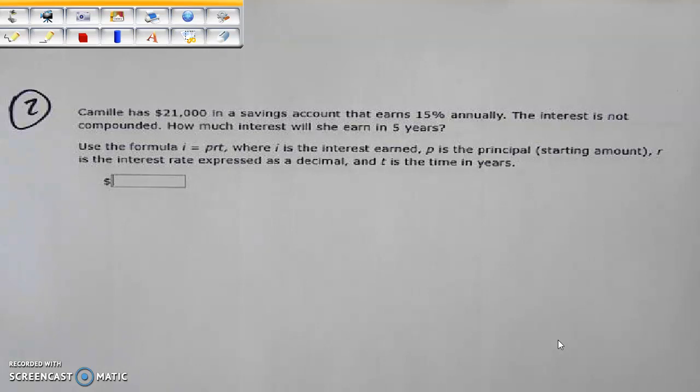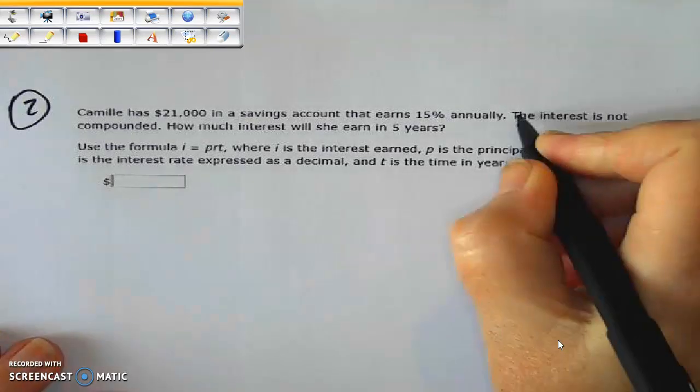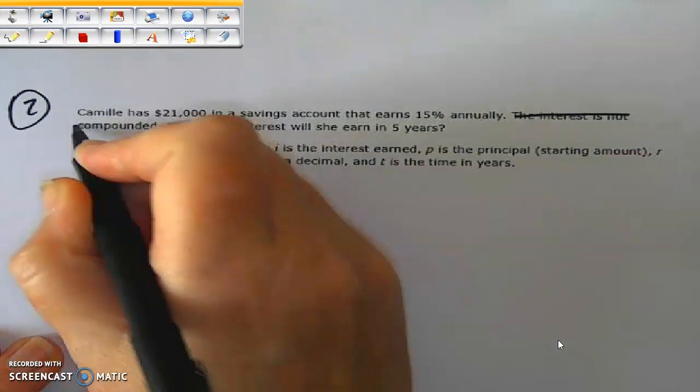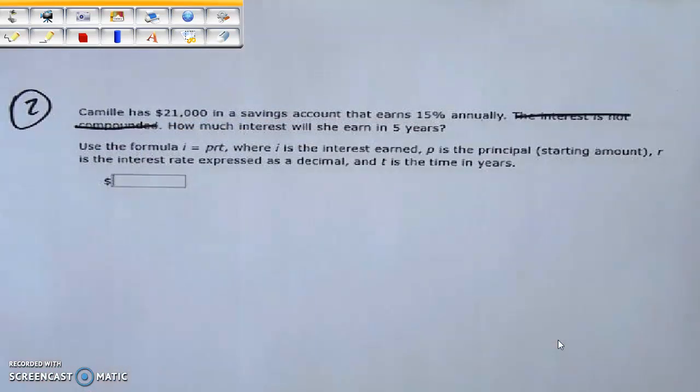The interest is not compounded. How much interest will she earn in 5 years? So what you do is you work out 15% of 21,000. She's going to get that 5 years in a row, so that ends up being multiplied by 5. Again, the interest is not compounded means that we're always using the 21,000 to work out our percent.